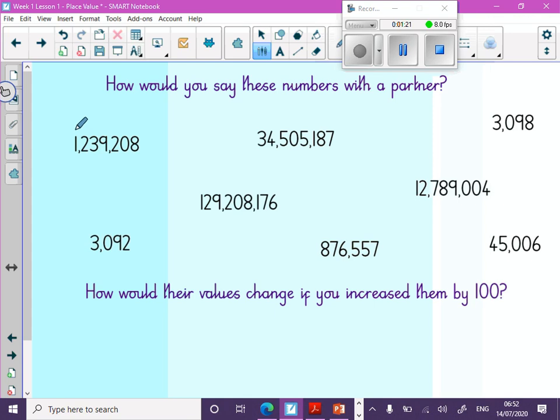Okay, so we've got 1,239,208. Let's have a look at this number here because that is slightly different. We've got our ones, our tens and our hundreds, our thousands, 10,000s, 100,000s. Then we have got our millions.